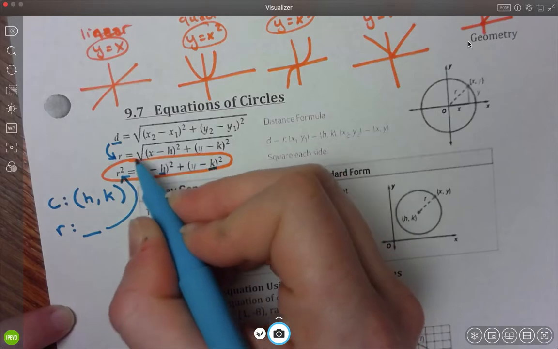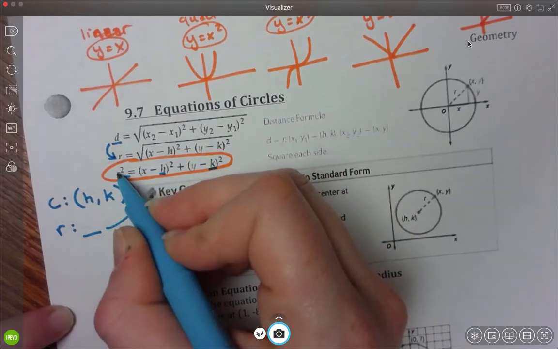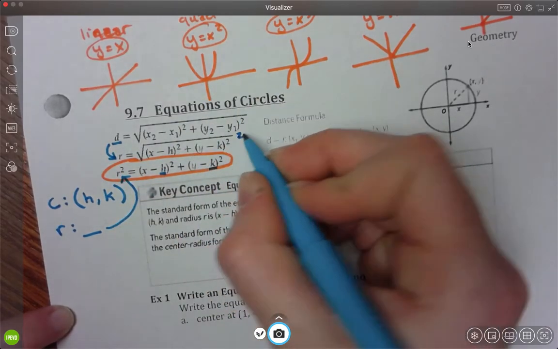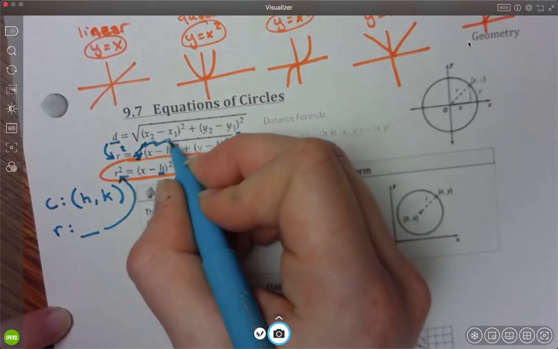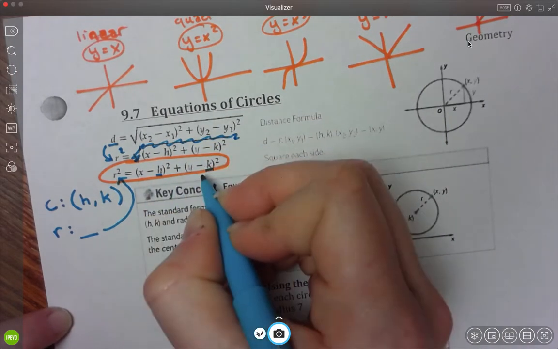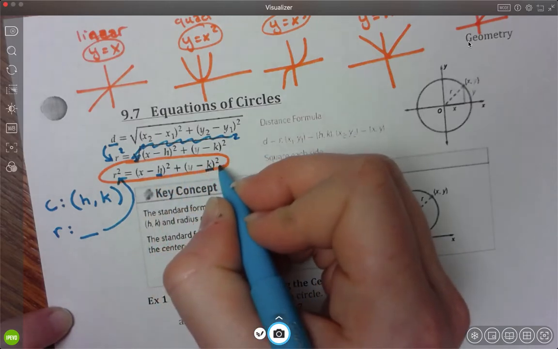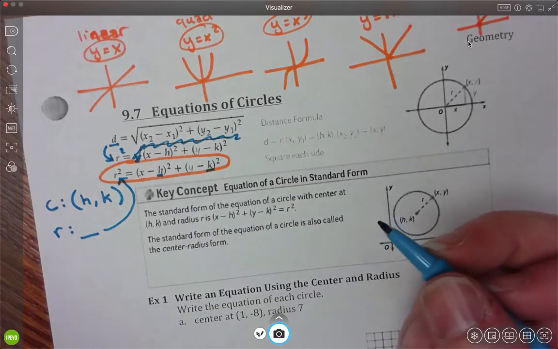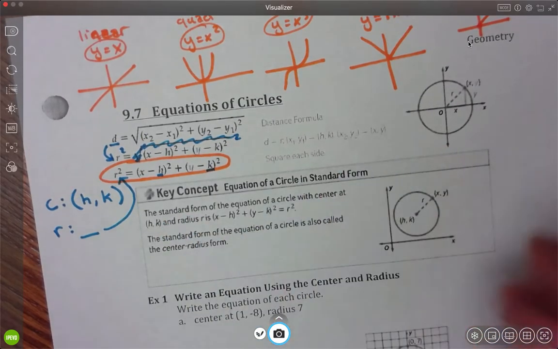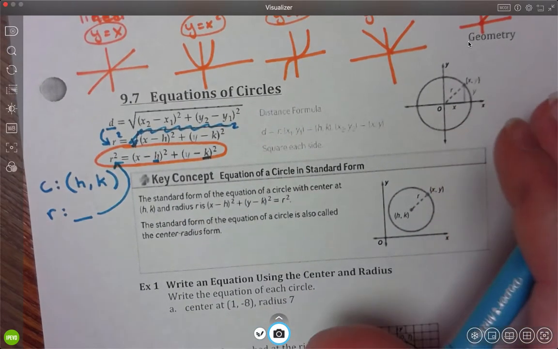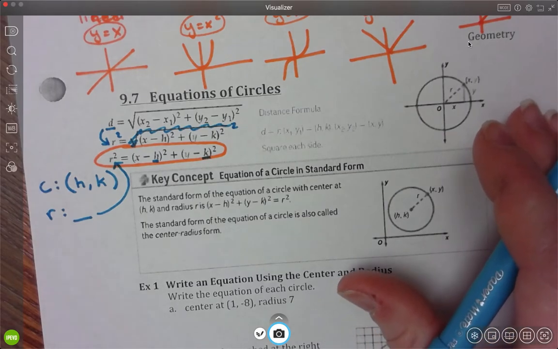Then, to get from r to r squared, they square both sides to get rid of the square root. So on the right side we just have what was underneath the square root: x minus h squared plus y minus k squared equals r squared. It comes from the distance formula. That's where the equation of a circle comes from.